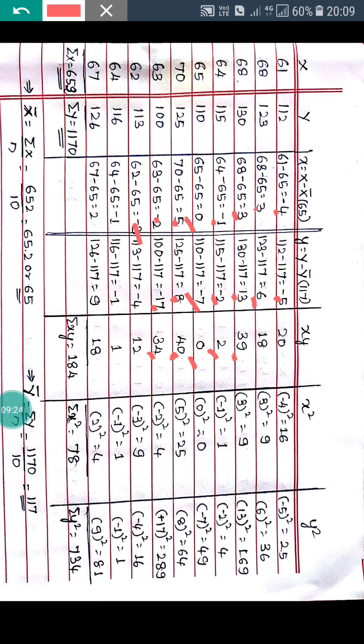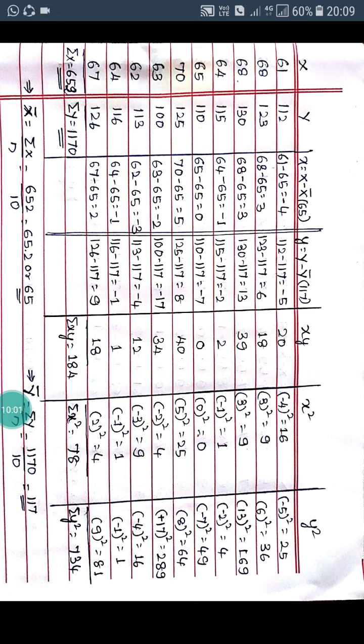Next, minus 3 into minus 4 equals 12. Next, minus 1 into minus 1 is plus 1. Next, 2 into 9 equals 18. Now we have got the xy values. You should add them. Now we got the summation xy value as 184.